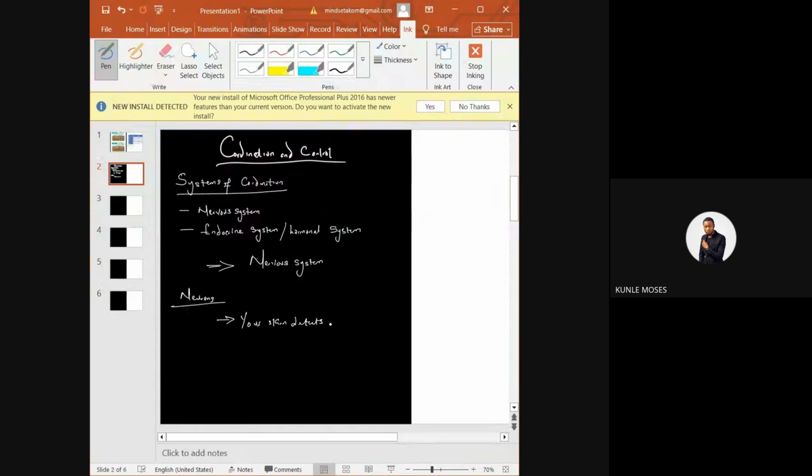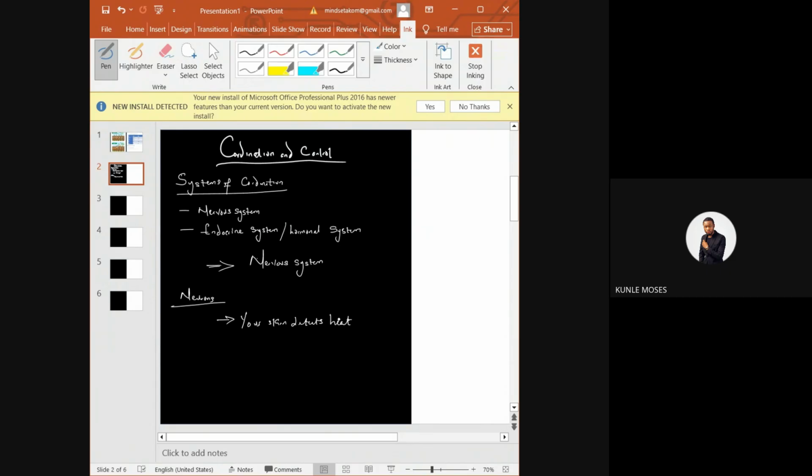So it simply means your skin is acting as an interface between every part of your body and that object. If your skin did not touch the heat, you cannot be hurt or you cannot respond. So your skin detects the heat.